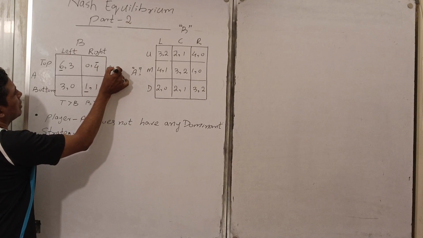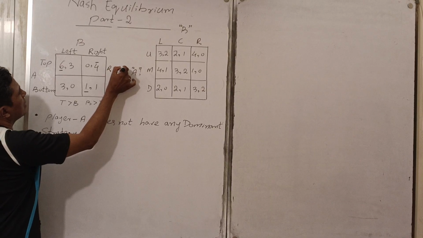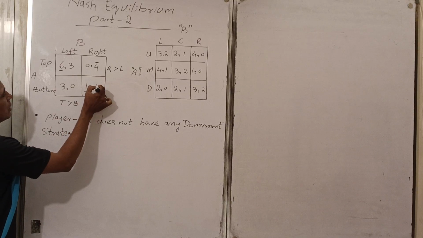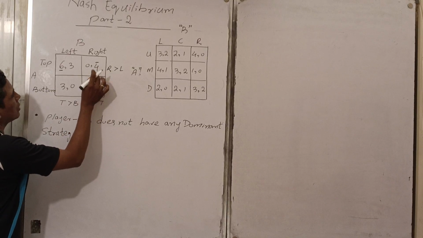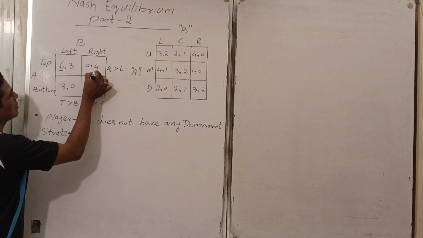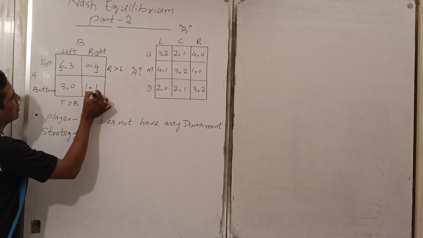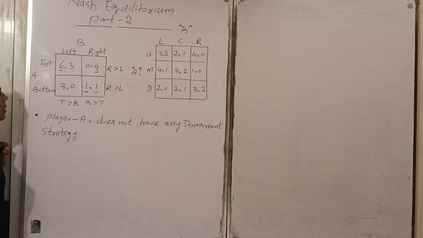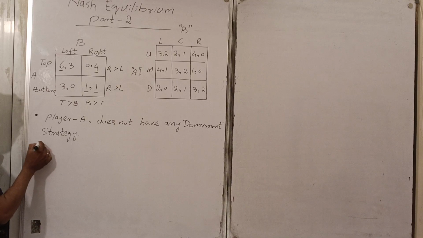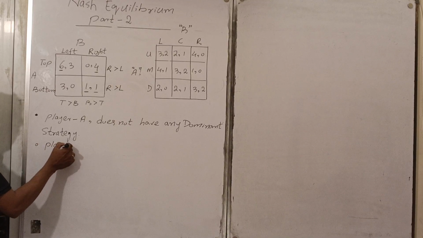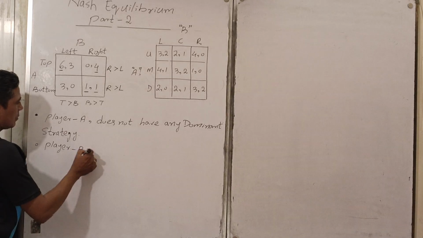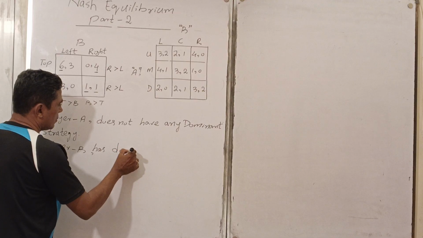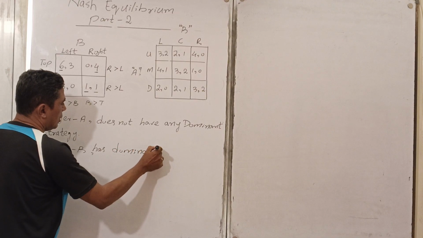So right is better than left. Similarly, the same kind of thing is here. This is for A, and look at this one: right is better than left again. So player B has a dominant strategy.